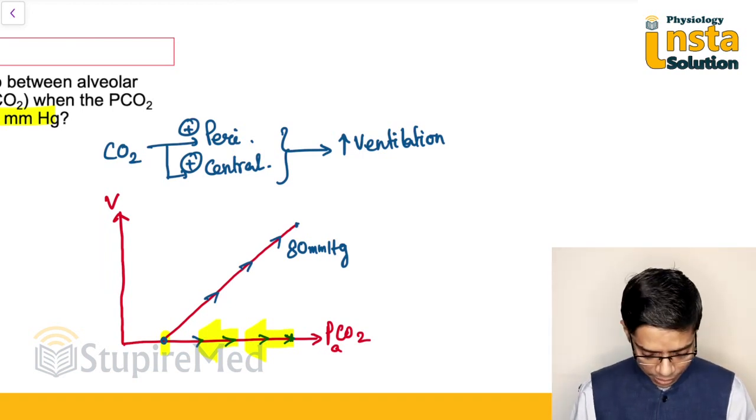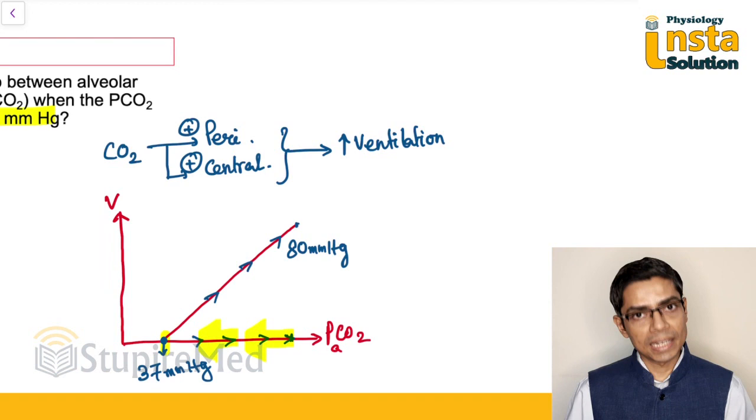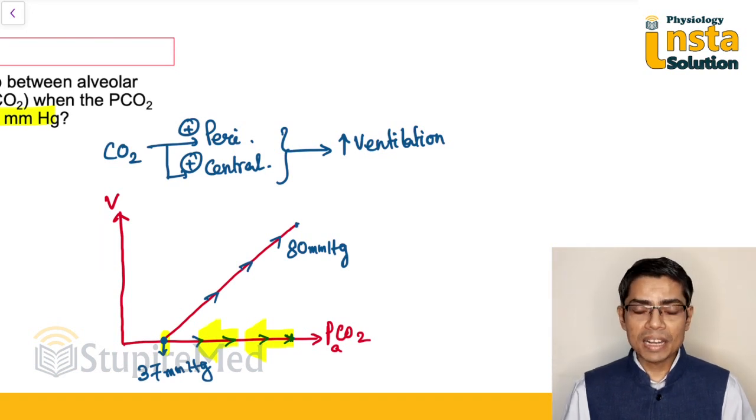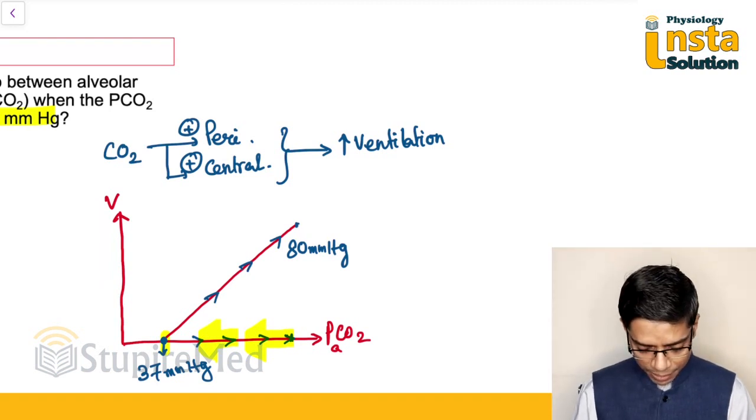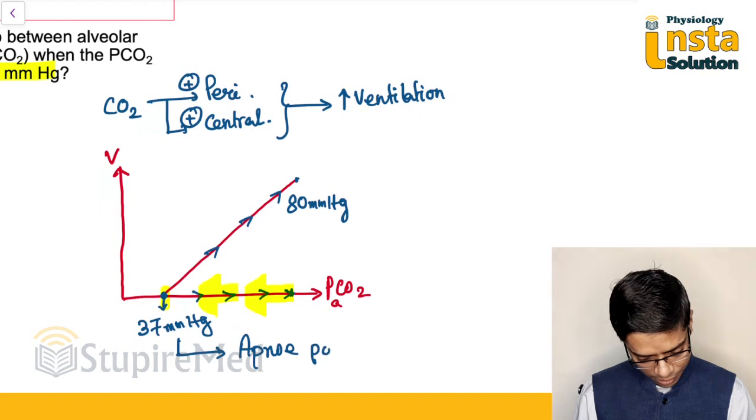At this point, carbon dioxide partial pressure is 37 millimeter of mercury. That means if the arterial blood partial pressure of carbon dioxide is below 37 millimeter of mercury, it can stop the ventilation for some time, and that is nothing but apnea. That's why this 37 millimeter of mercury partial pressure is known as the apnea point, right?